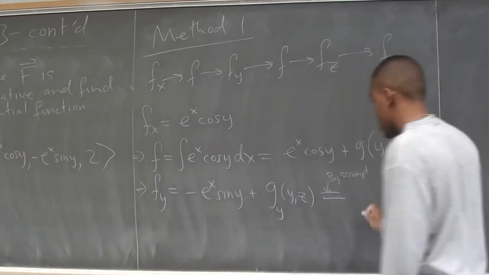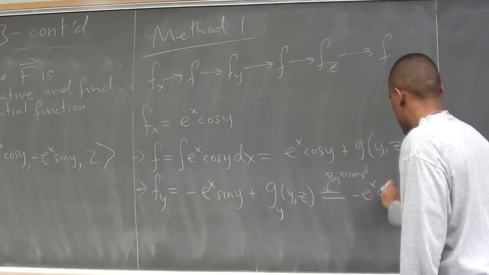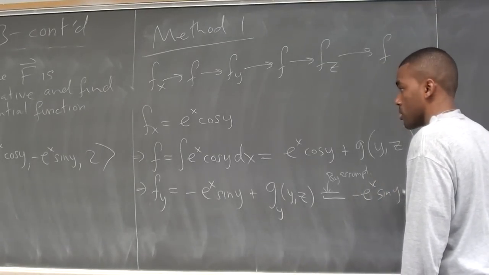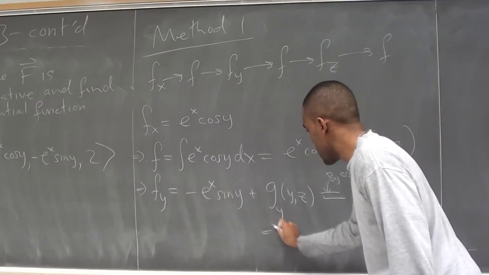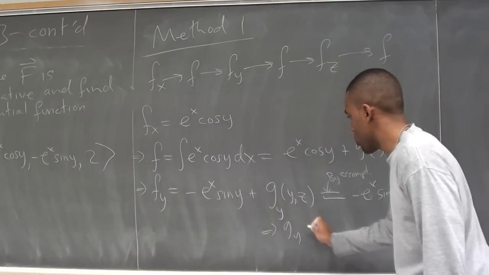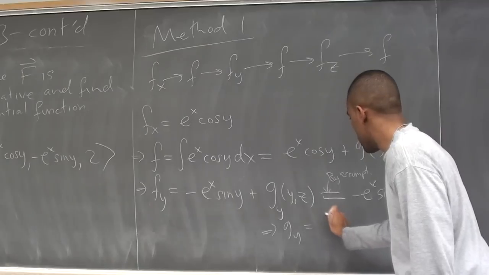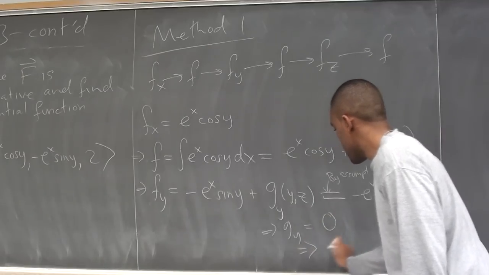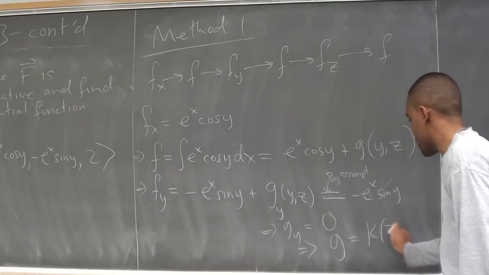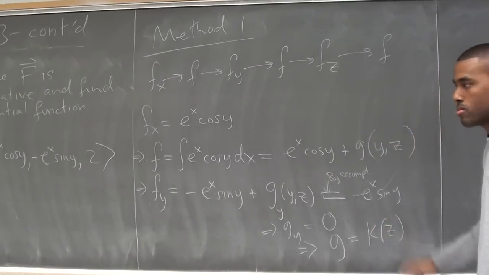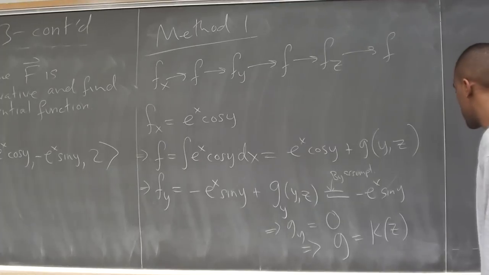So I'm going to set it equal to that term. Nothing, right? So this means that your g_y is just equal to 0, which means that your g is just a function of z, right? Because if you differentiate that, you get 0.